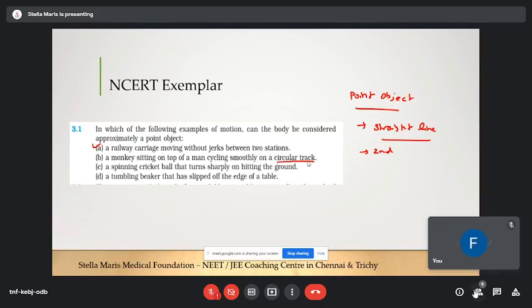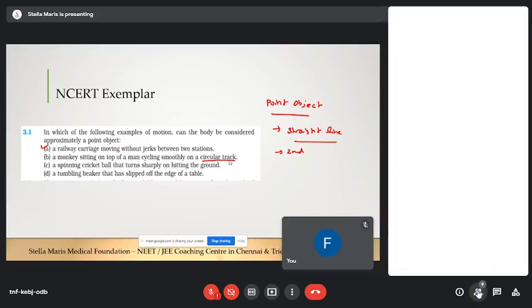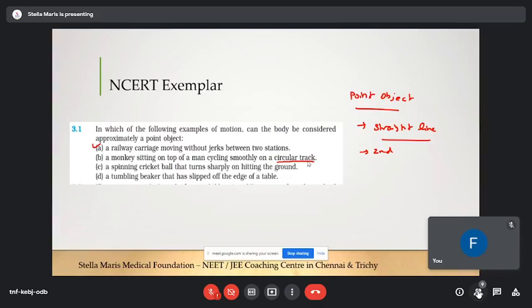Sir, it turns sharply on the ground. Okay, a spinning cricket ball that turns sharply on hitting the ground. Why could it not be considered a point object? Sir, the first point, motion in a straight line. Okay, but it turns.